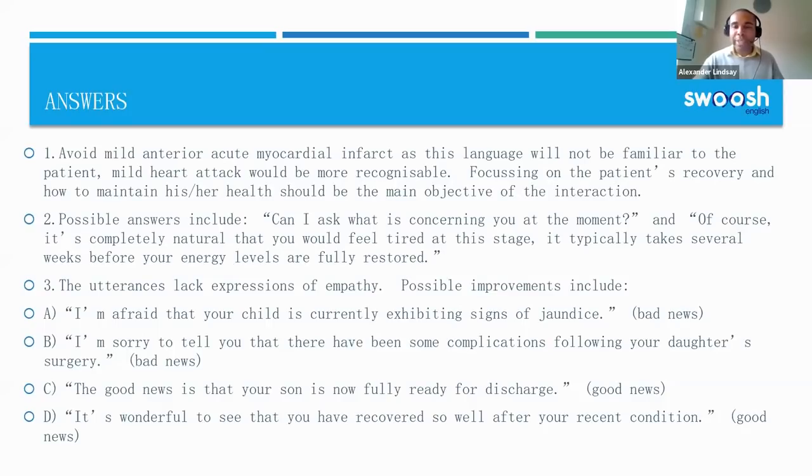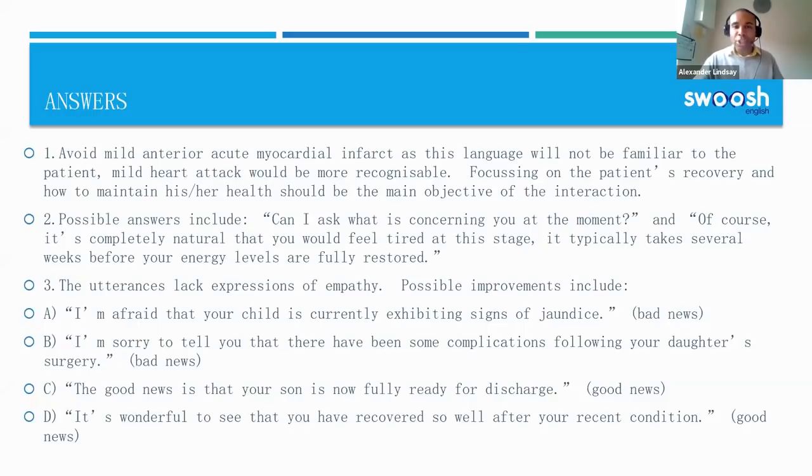For B also, we had a good discussion in terms of some of the appropriate language we could use to address the different points. And for C as well, here are some ways that we could express the bad news and the good news for the scenarios that were related in exercise 3.